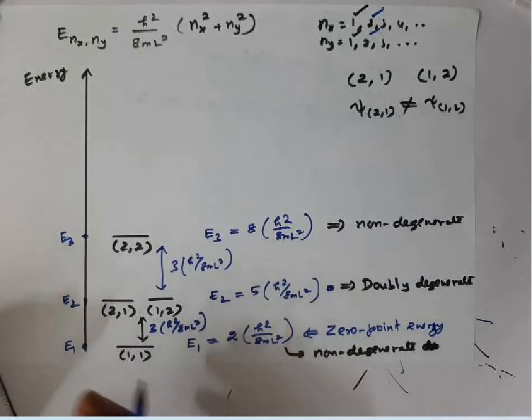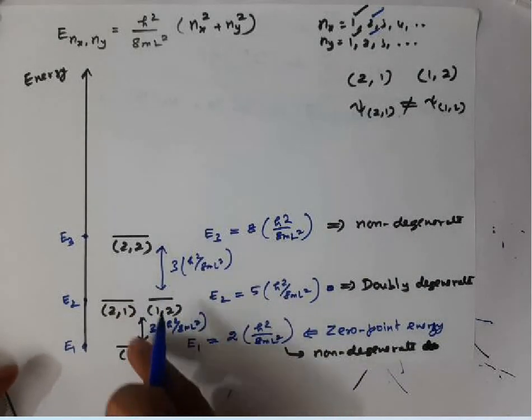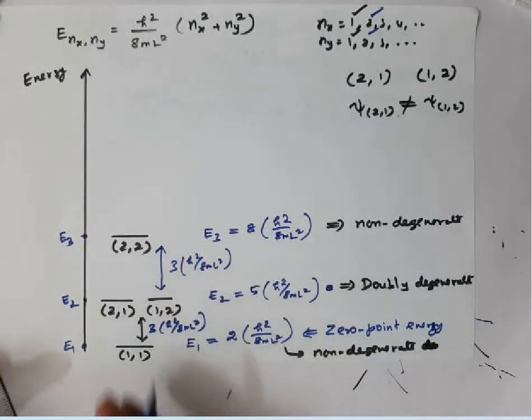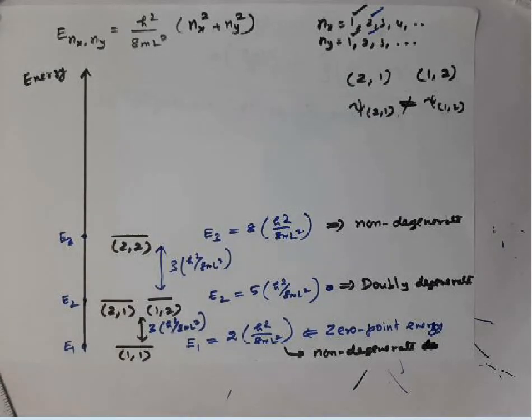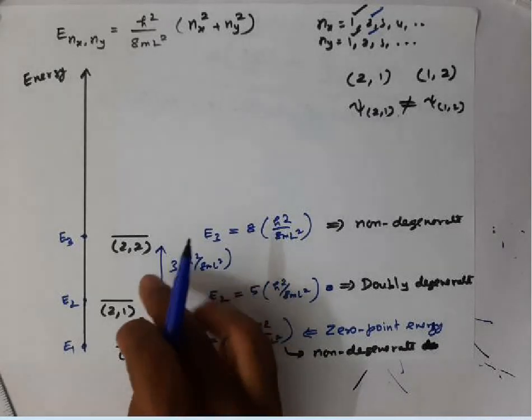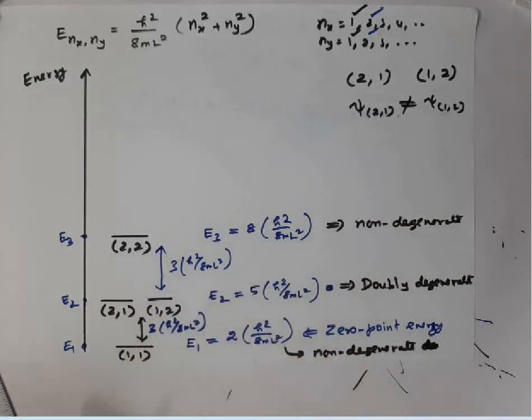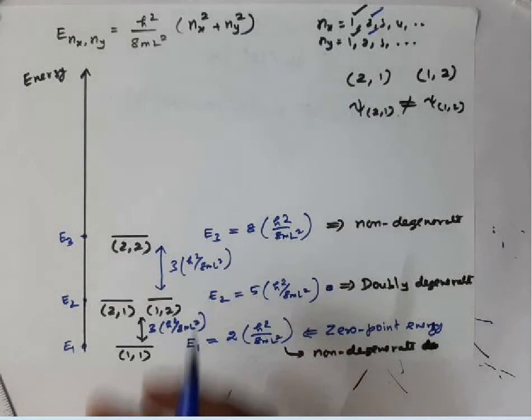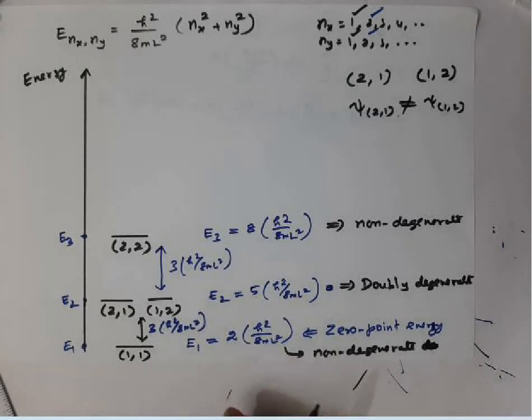If the quantum numbers take the same value, 1, 1, 2, 2, 3, 3, then the energy gap keeps on increasing, like a particle in a one dimensional box. We can give a general formula there, but here the quantum numbers can take different values also, 1, 2, 2, 1, right? So those are also allowed. Therefore, we cannot give a general expression for the energy gap of a particle in a 2D box.